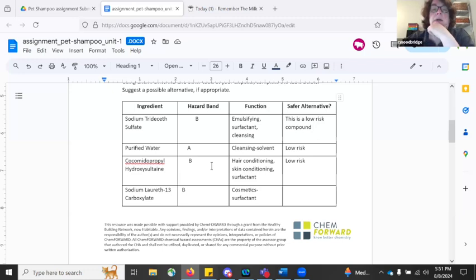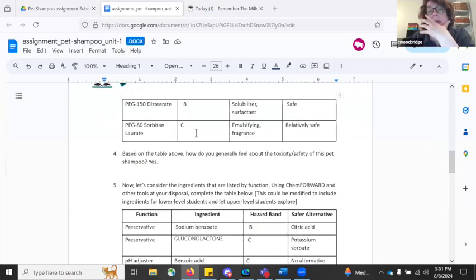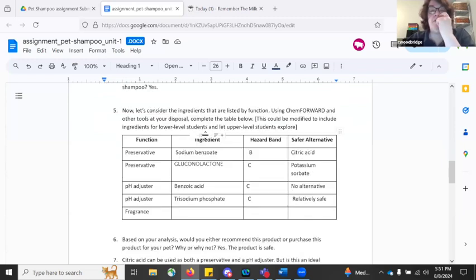We've got 1 C in there. The interesting part comes with the other ingredients, where they say there are preservatives and pH adjusters and fragrances in there. And the manufacturer is kind enough to share some information about what they used. And now these are the interesting part.